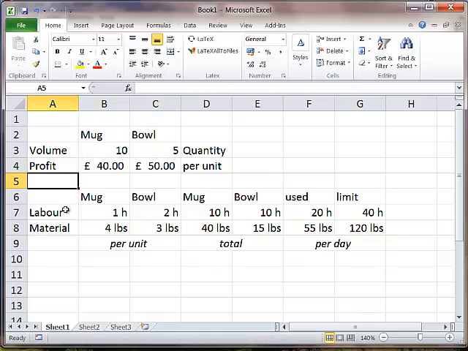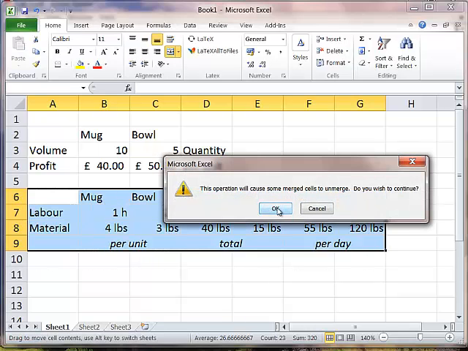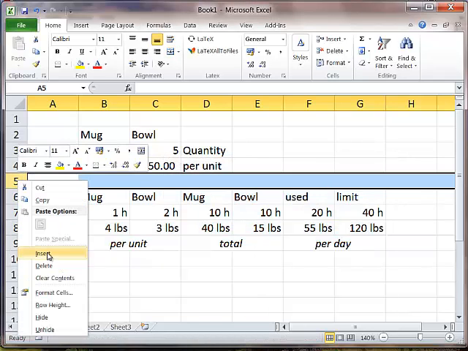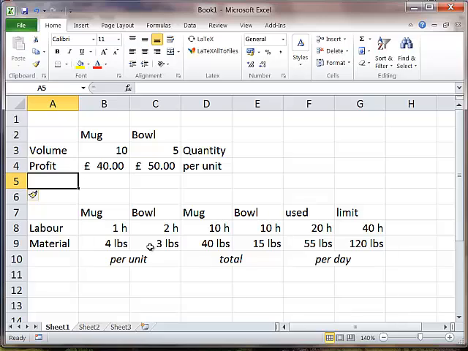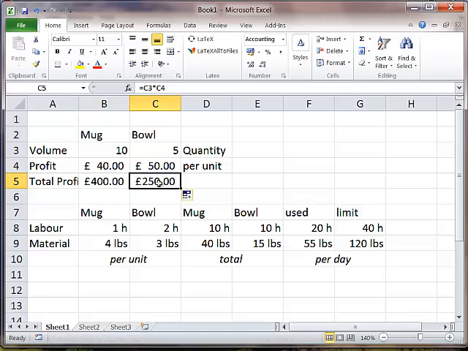That means what is the total profit? That's just a multiplication. Total profit is 10 times 50 and 5 times 40, 500 and 200.